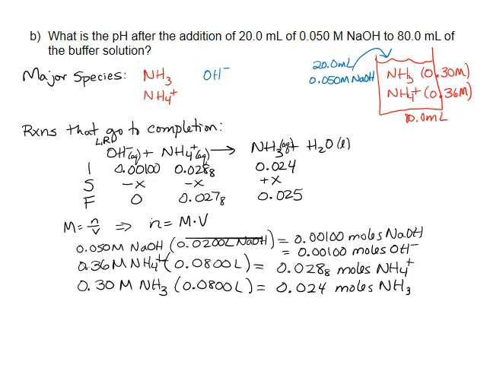I'm going to go ahead and move to the next slide to remind us where we are at the moment. We had just finished our stoichiometry calculation. We had neutralized all of the added hydroxide.